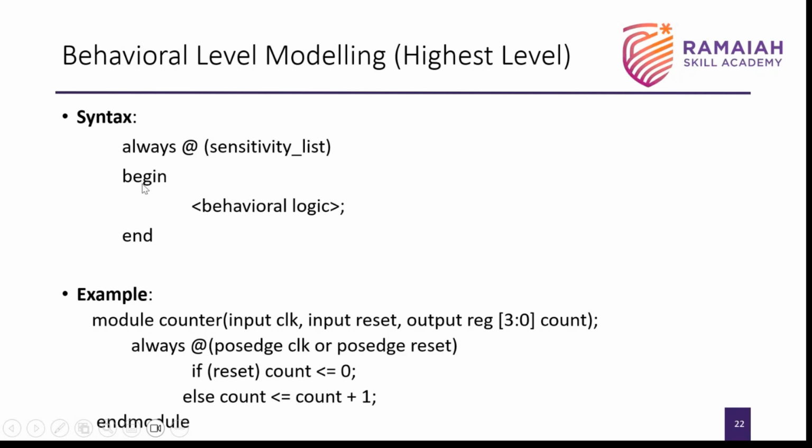If you have multiple statements within the always, it should start with begin and end with end. This is very important. If you have only one statement, it is not necessary. Hope you understood now.